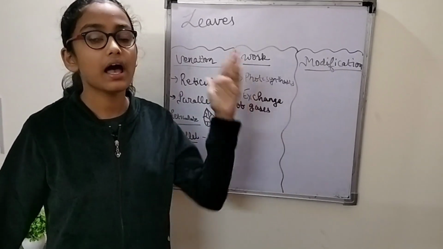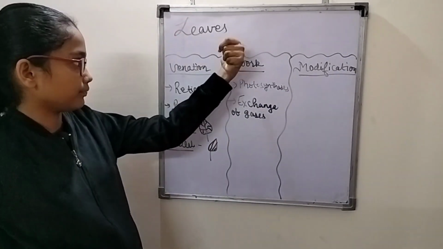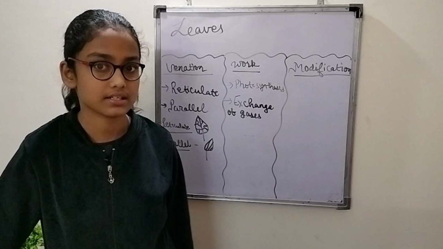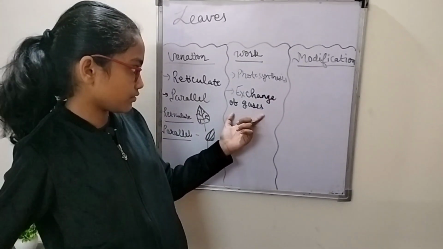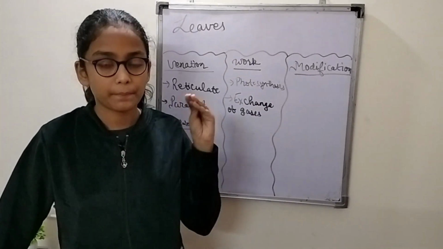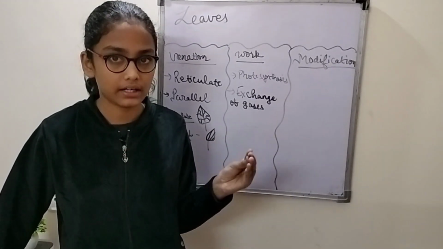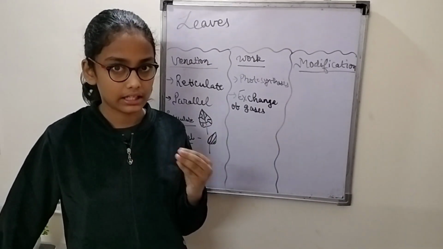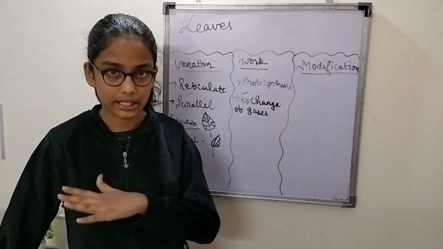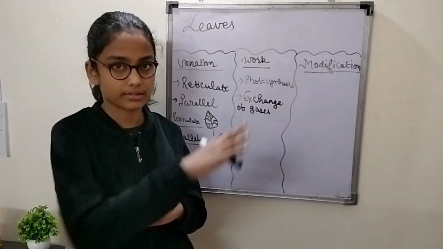So this happens through the leaf. The stomata present on the leaves do the exchange of gases: in the process of photosynthesis, the stomata take in carbon dioxide and release oxygen.